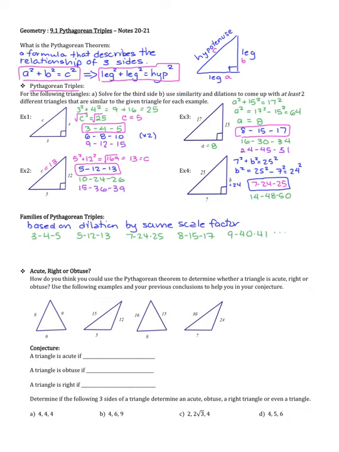So a triangle is a right triangle if c squared, the hypotenuse, equals a squared plus b squared. Now, how could I use the Pythagorean theorem to determine if my triangle is not right, but is acute or obtuse? What I can do is compare it to a right triangle.